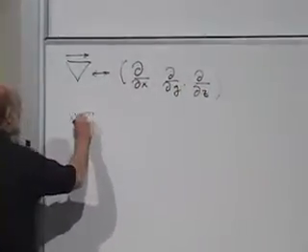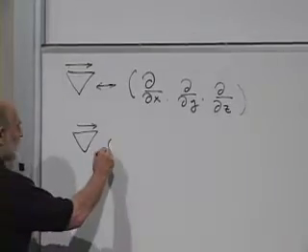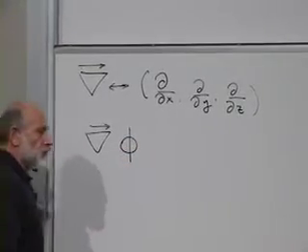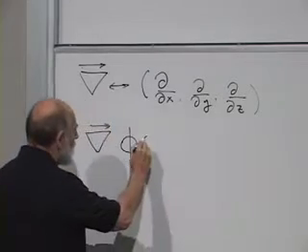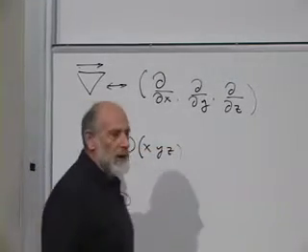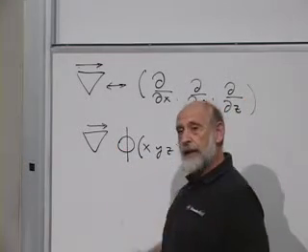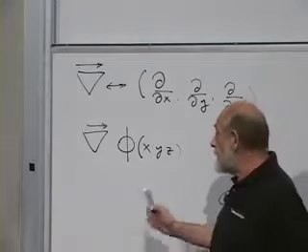The operation del, if it acts on a scalar. Now, a scalar just means a function of position, function of x, y, and z. I'll stop writing x, y, and z soon enough and just call it x. But take a function of x, y, and z and apply to it the operation del. What does it make? It makes a vector.